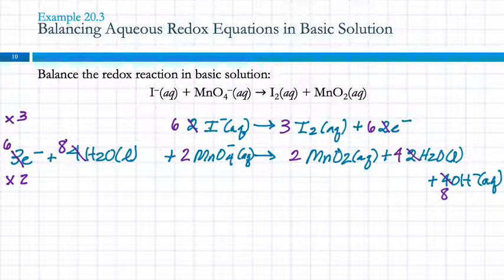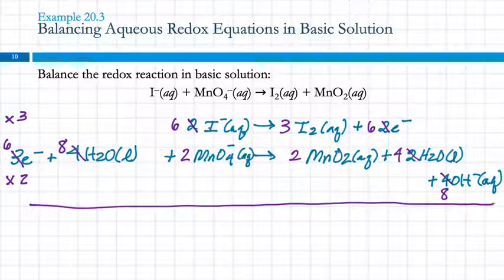And now I'm going to put them together. The electrons are going to cancel out. I've got 6 electrons and 6 electrons. And I'm going to write down everything else.